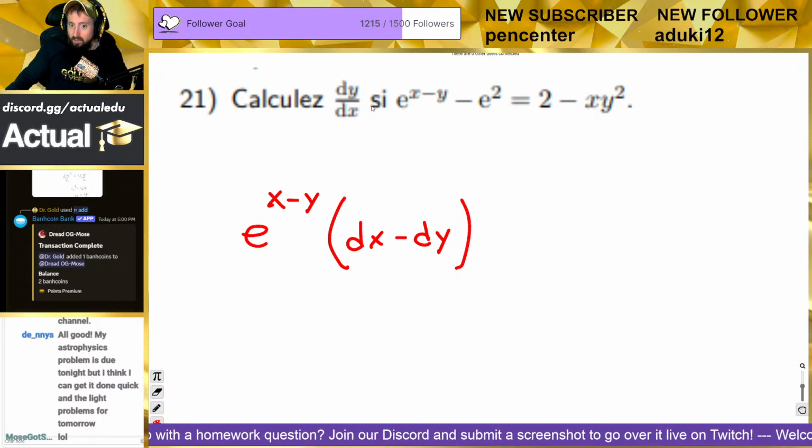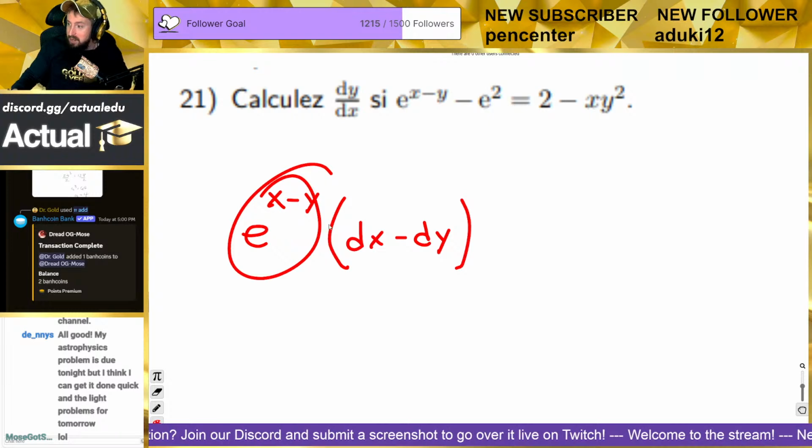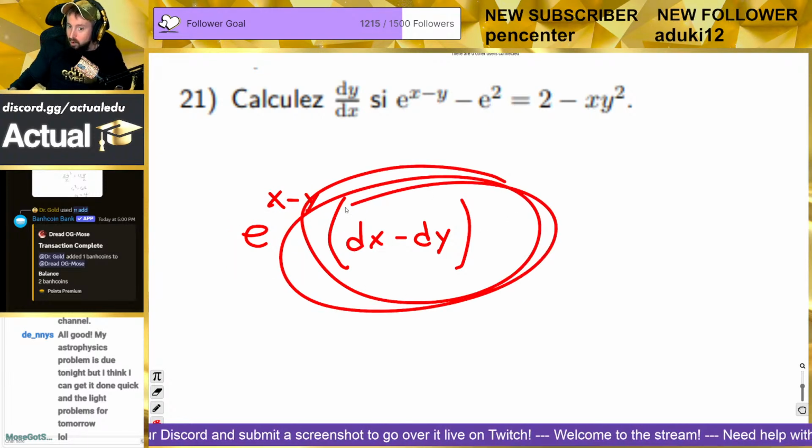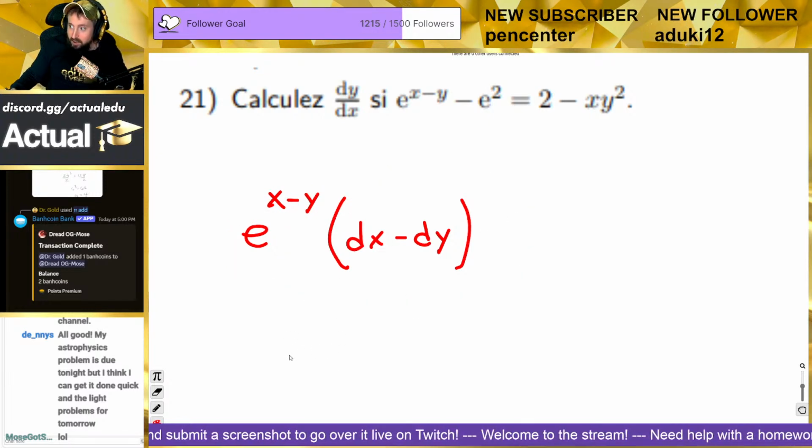Okay? So when I did this, I was like, okay, e to the something, the derivative of that is just that same e to the something times the derivative of what's inside. And the derivative of x minus y would be 1 dx minus 1 dy. Because the derivative of x is just 1, but I took the derivative of x, that's dx. And the derivative of y is just 1, but I took the derivative of y, so that's dy.